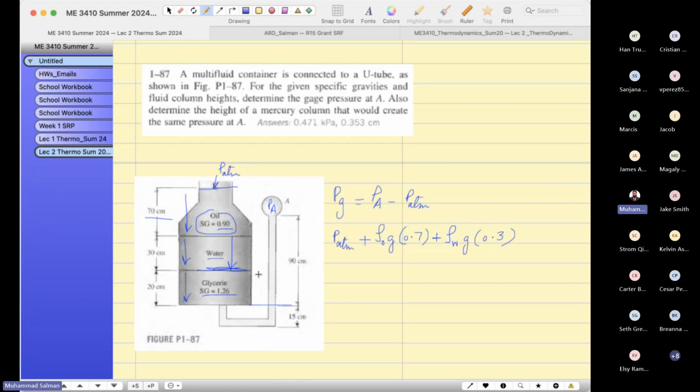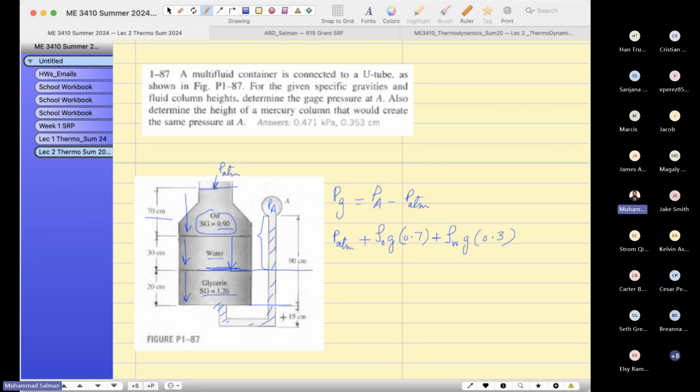In order to do the glycerine, this is all glycerine, okay? The color is probably confusing, but if I draw a straight line, this is the difference in the two sides.